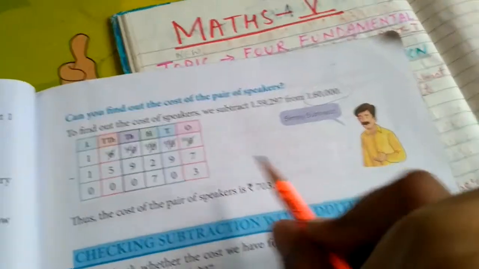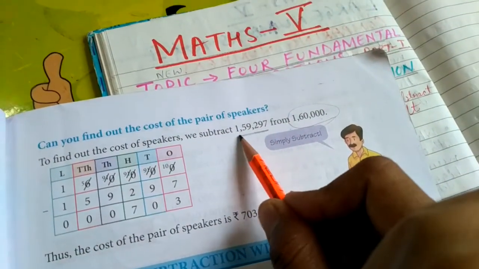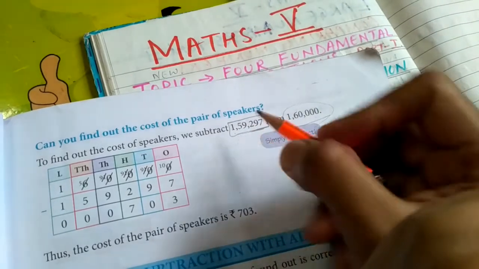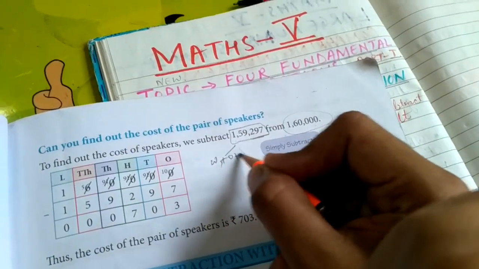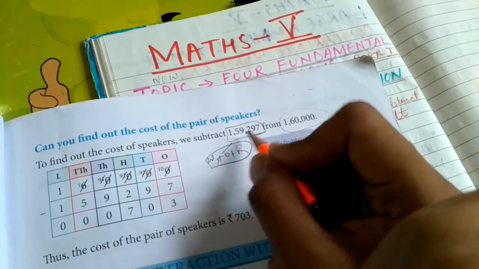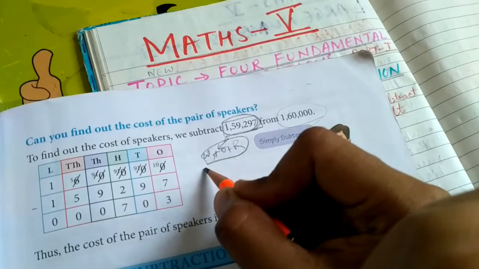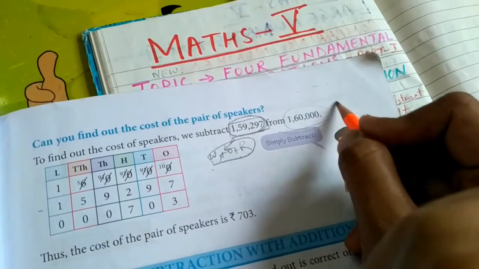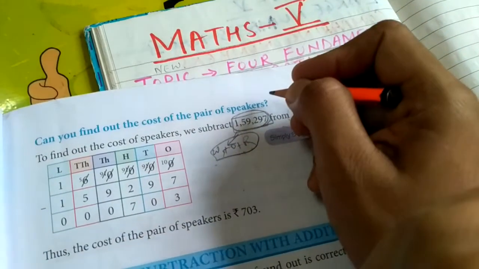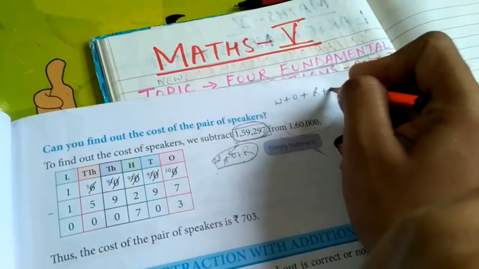So this amount, that was 1,59,297. This was the total cost of which three items? This was the total cost of washing machine plus oven plus refrigerator. And this is the total cost of four items, that is the washing machine plus oven plus refrigerator plus speaker.